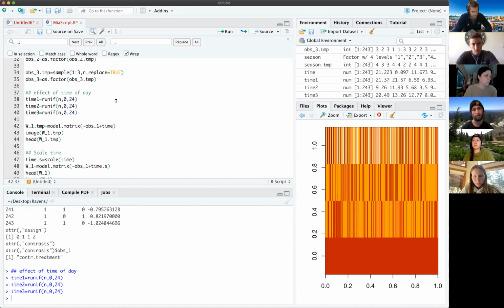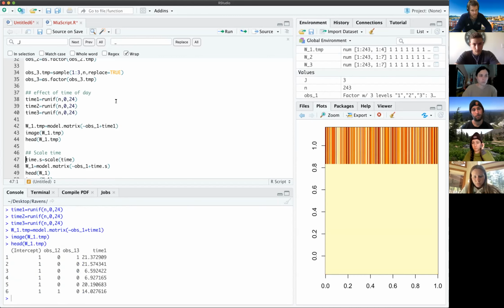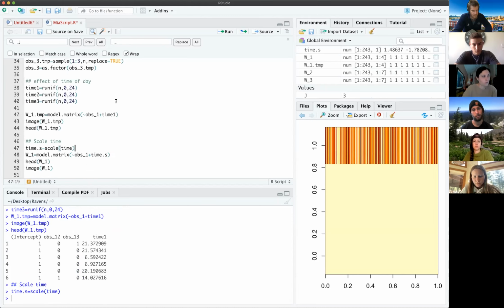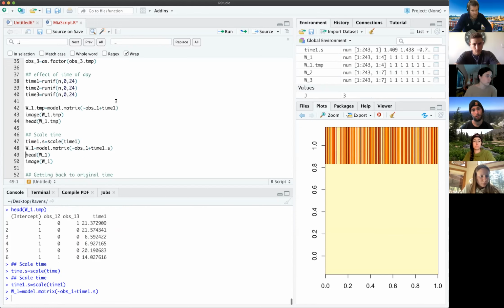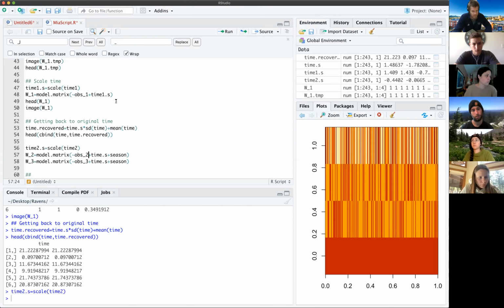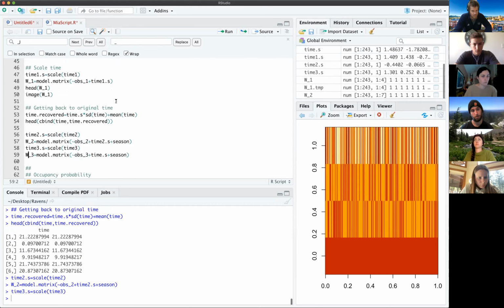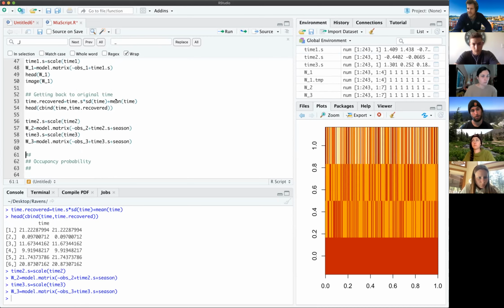Then when we make each of our design matrices, we just put this in here, time 1.s, and that permits us to have different times for each of our three visits.